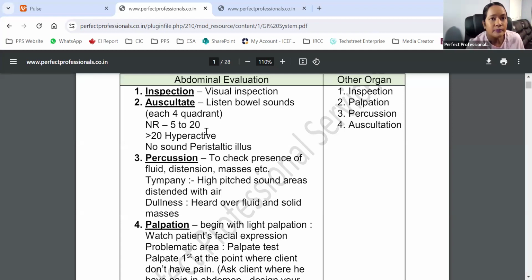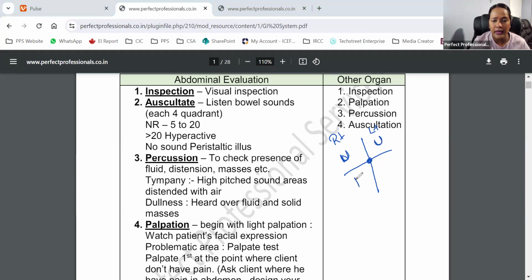We have studied many parts of the abdomen, but for NCLEX, just forget everything. Just remember: this is the abdomen, this is the right side, this is the left side. Right upper quadrant, left upper quadrant, right lower quadrant, left lower quadrant.